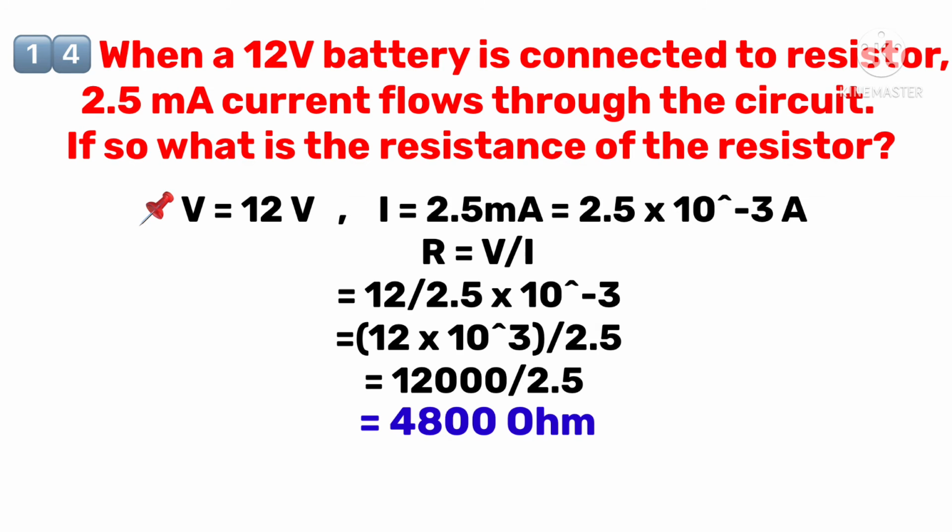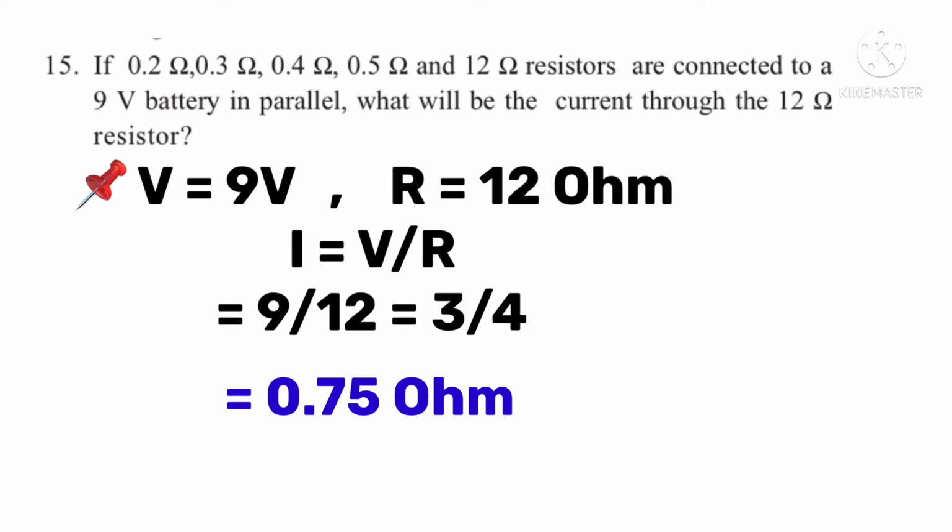We have R equal to V by I. Therefore, R equal to 12 by 2.5 into 10 raised to minus 3. That is equal to 12 into 10 raised to 3 whole divided by 2.5. That is 12,000 divided by 2.5. Therefore, the answer is 4,800 ohm.